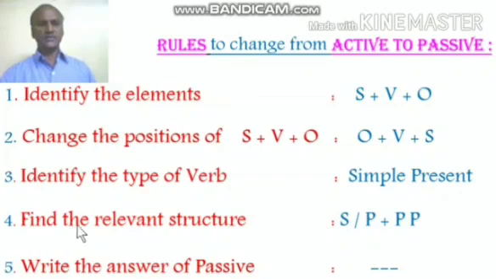Next, fourth rule says find the relevant structure. Structure means design. How to change the verb from active to passive. If it is simple present, then we need to have the structure singular/plural plus past participle. So first do all these 4 steps, then write the answer in the passive form. So this is what you have to follow when you are changing from active to passive.